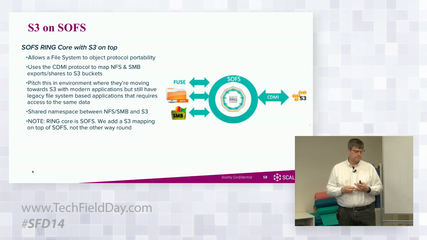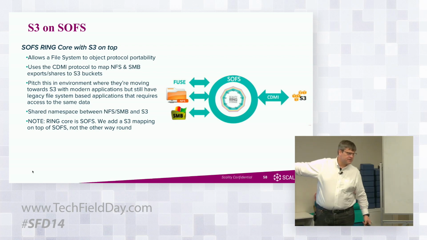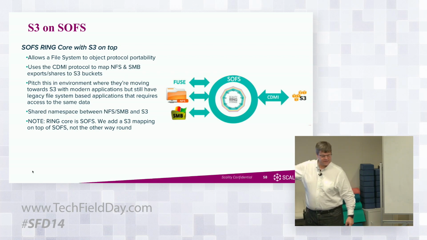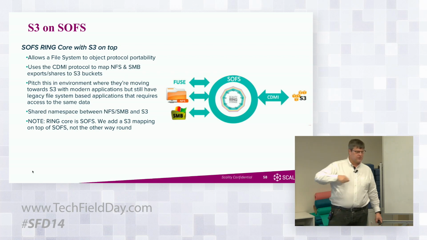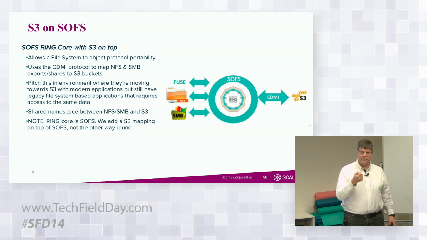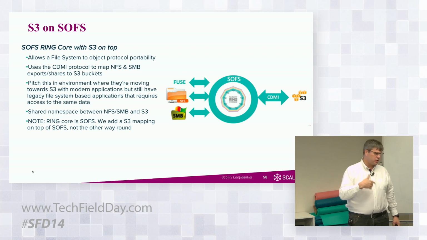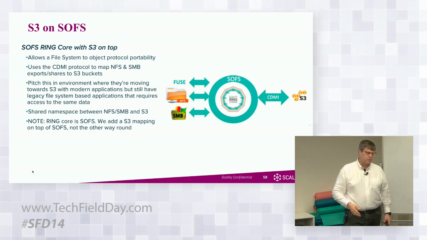Okay, and what's the SOFS in this? The SOFS is our scale out file system. So this is what we've been talking about. Okay, so this is the true POSIX file system, and this is an S3 connector. Instead of a simple HTTP REST interface, you're using S3 as a protocol there. Right.